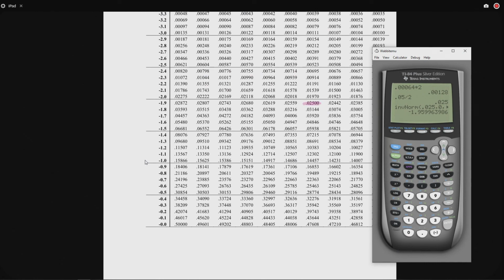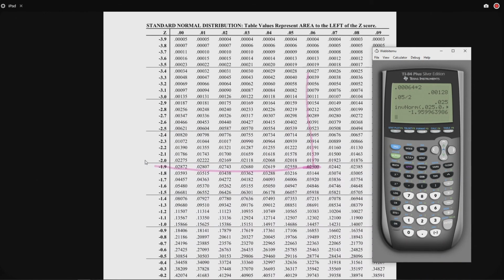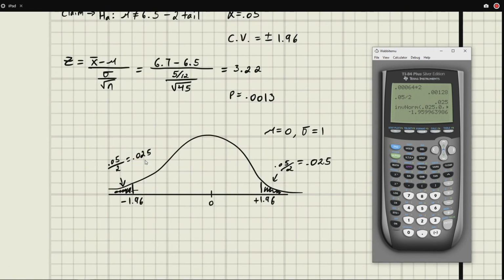You want to find the number that's closest to it. Sometimes you just have to pick one that's really close because the number you're looking for might not be on here exactly. But you see this is negative 1.9, and if we go up, it goes up to the value 6. So it's the same thing, negative 1.96, and then you can say by symmetry, you can take the negative and the positive version.